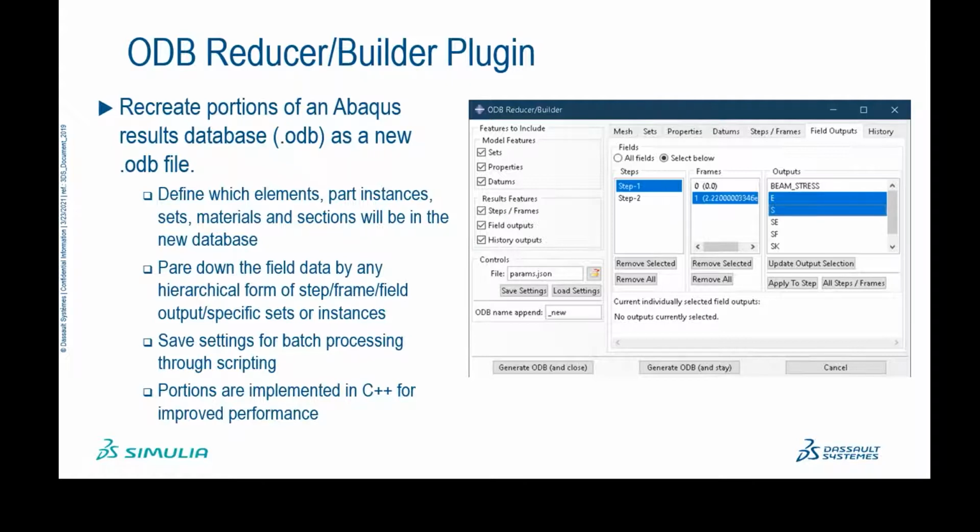I'm talking about gigabytes of data. Users need to extract just a simple amount of data to share either with their support engineers or their management. So not the whole full-blown ODB file is needed in this case, just some subsets. In this case, the ODB Reducer builder could make this possible.